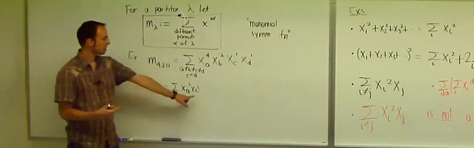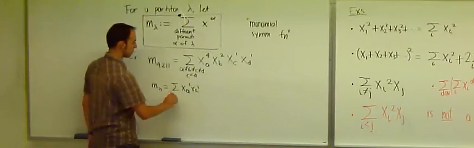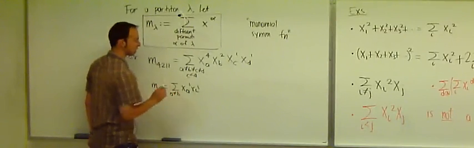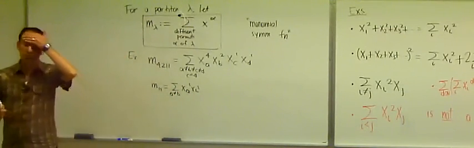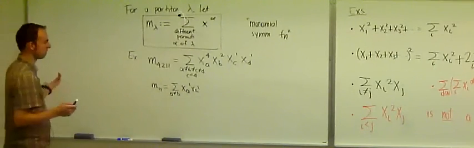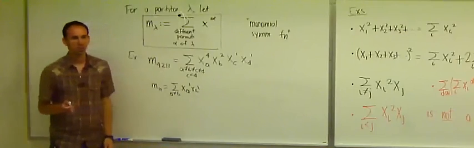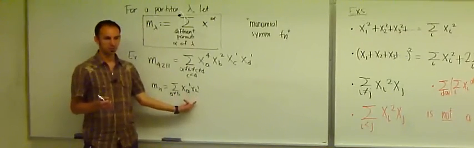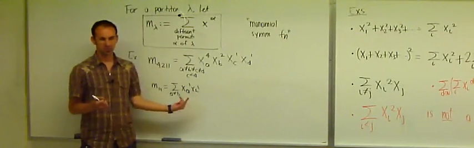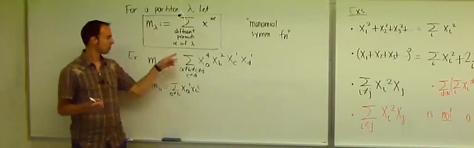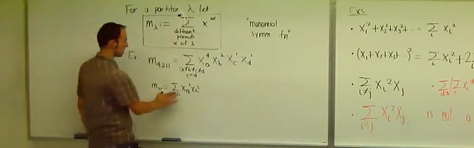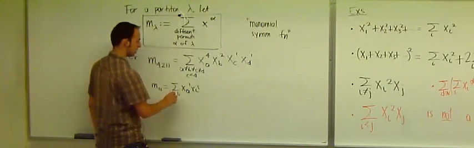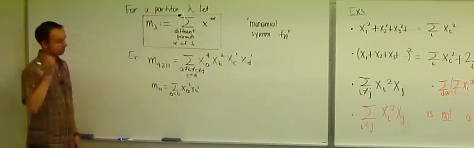But the thing is that if I were to write this and sum over a different from b, then what would be the coefficient of, like, x1, x2? The coefficient would be 2 because it would appear as x1, x2 and as x2, x1. But I'm not considering those to be different permutations, and so that's why I actually have to say that a is less than b to get this right. Okay.